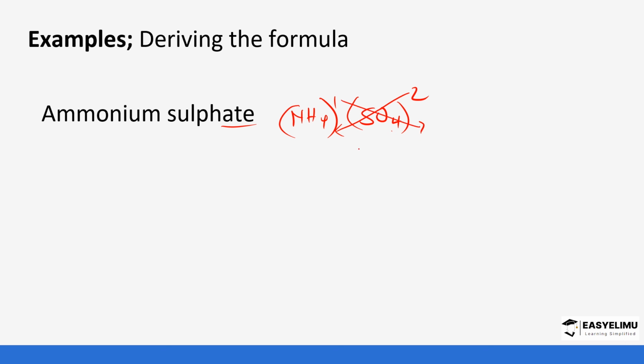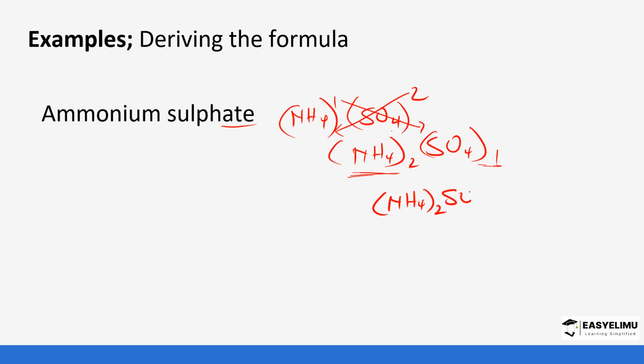You get ammonium in bracket 2, and then sulfate in bracket 1. For the ammonium, you retain the bracket, so the answer becomes (NH4)2. But for the sulfate, we don't have to put the bracket because there's a 1 outside, so this becomes the answer.